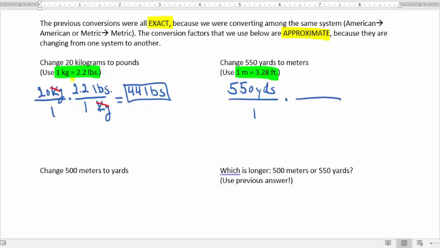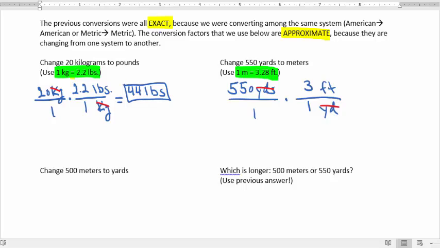I don't have feet, I have yards. So remember, I have to first get to feet. So how am I going to get to feet? I'm going to use that other conversion fact I knew, that 3 feet equals 1 yard. So I'm going to have to put yard in the denominator to get it to cancel. And I'm going to have to put feet in the numerator. And what was it again? It was 3 feet equals 1 yard. So now my yard would cancel.